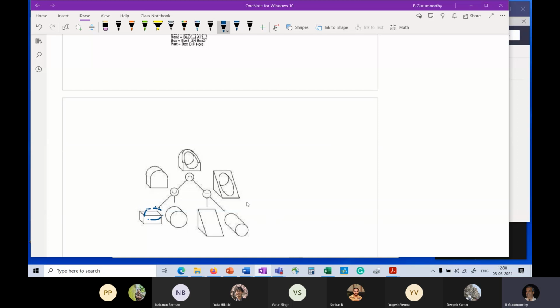Likewise, on the other branch here, you start with a wedge and another cylinder. In this case, the cylinder is kept somewhere over the center here, running through. And then you do a difference operation and you get this complex looking hole on the wedge. And then you take these two, and this operation is the intersection operation, and therefore you get the part that is common to both.